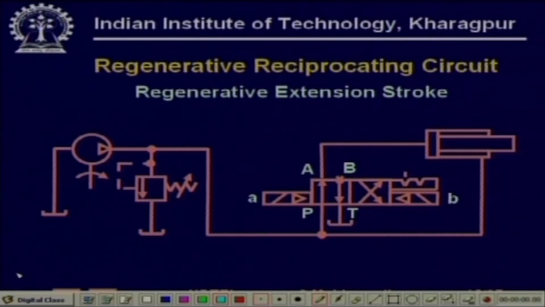So, you see, again identify components first. So, you have this is say A, pump, this is B, relief valve, this is C, directional valve, and this is D, a cylinder.